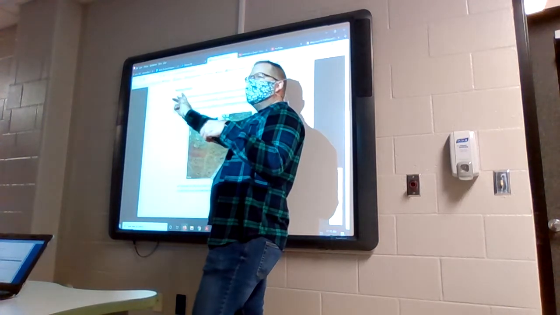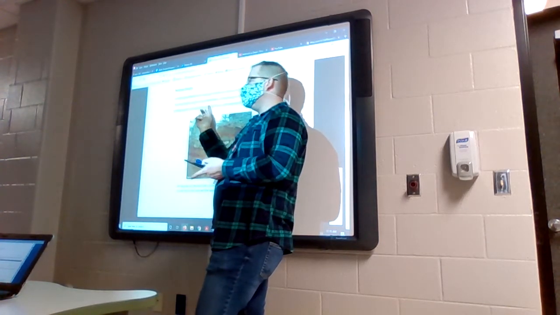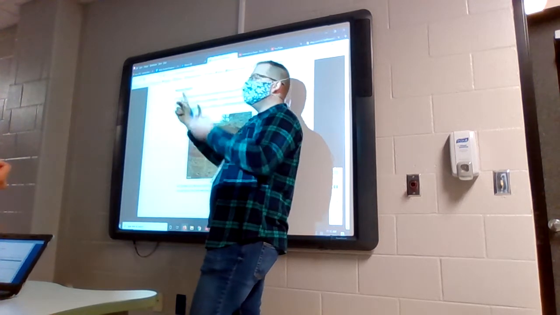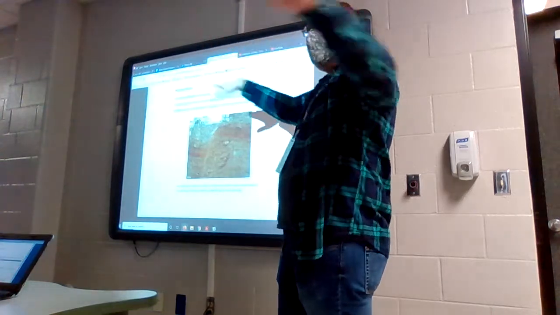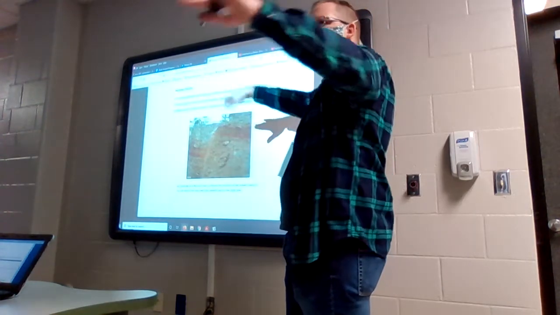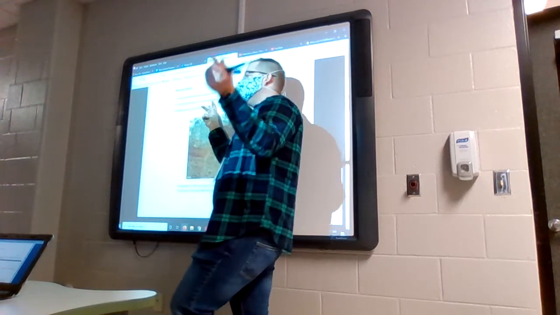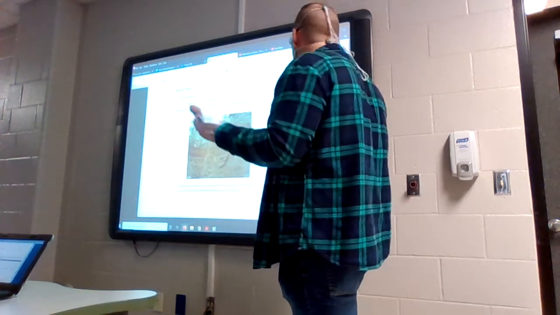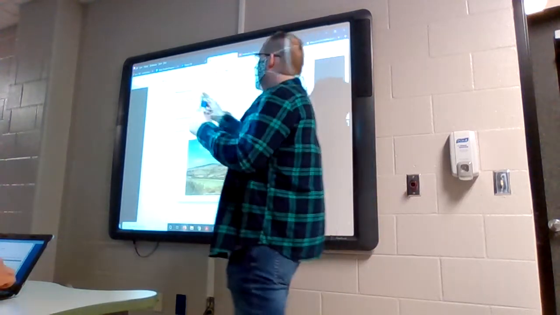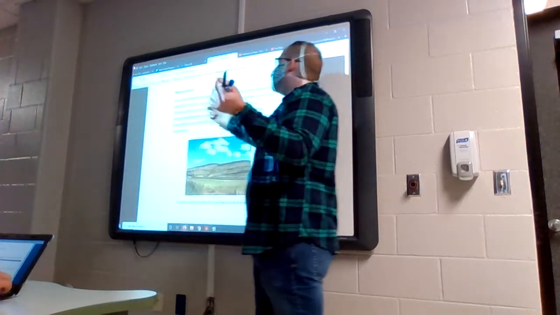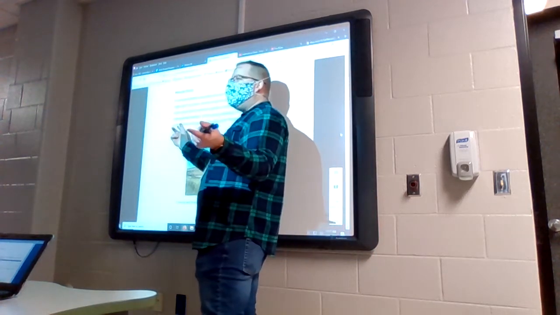So normal faults are due to tensional stress and can be found at divergent boundaries. So everything's spreading apart. So normal faults, tensional stress, divergent boundaries all go together. If we come down to reverse faults, they have compressional stress and they come from convergent boundaries.